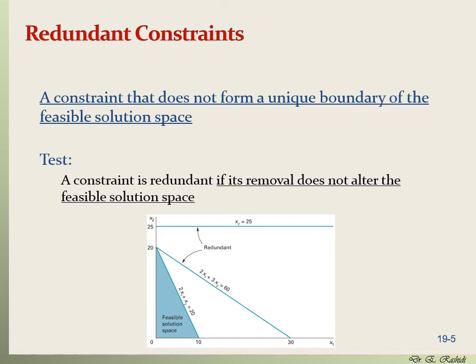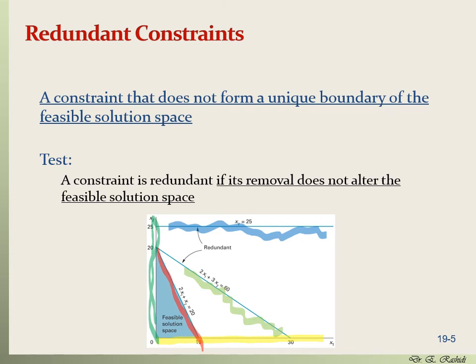The inequality constraint here, the inequality constraint here for x2, and this constraint here. These three constraints build the feasible space. On the other hand, these two constraints, this constraint and this constraint, do not have any role, do not restrict, do not form the feasible space, right? Do not bound.